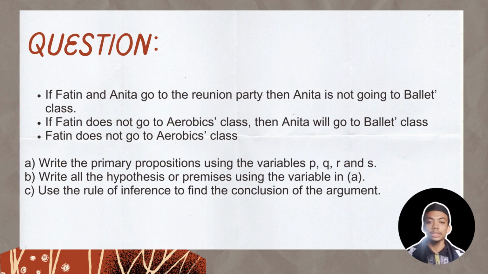For question 1, write the primary propositions using the variables P, Q, R, and S. For question 2, write all the hypotheses or premises using the variables in A. And for the third, use the rules of inference to find the conclusion of the argument.